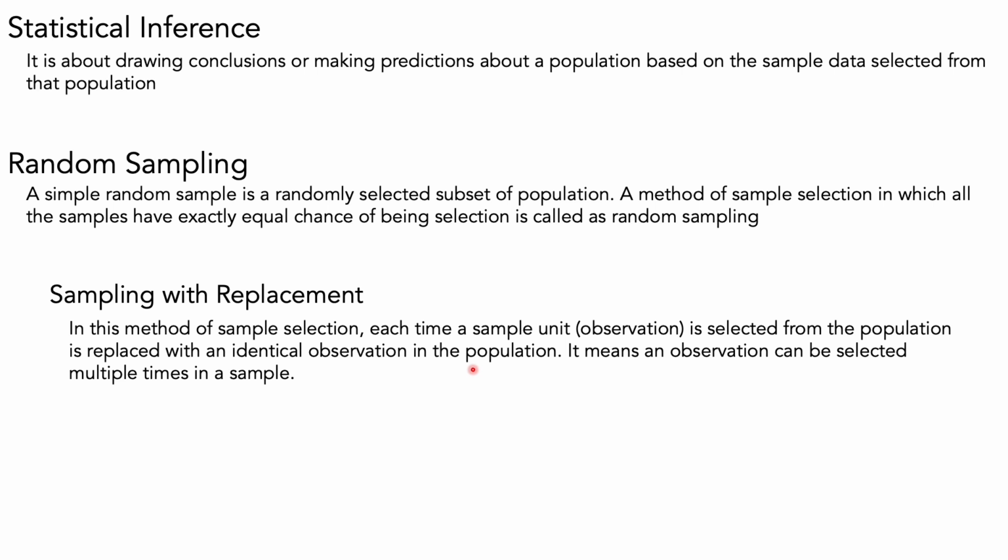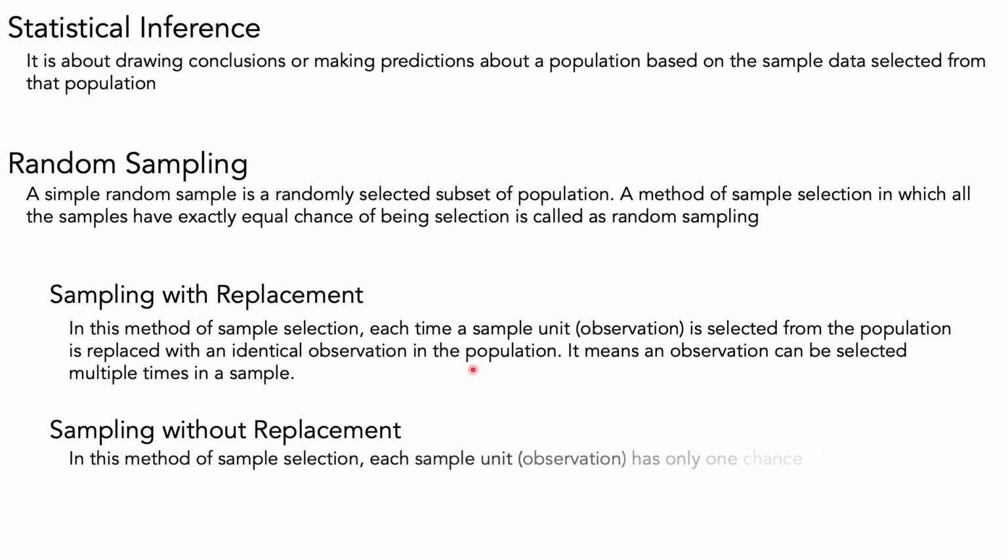In sampling without replacement, each sample in the population has only one chance of selection. In this type of sampling, each sample unit can be selected only once. It is different from sampling with replacement, where one observation can be selected multiple times.